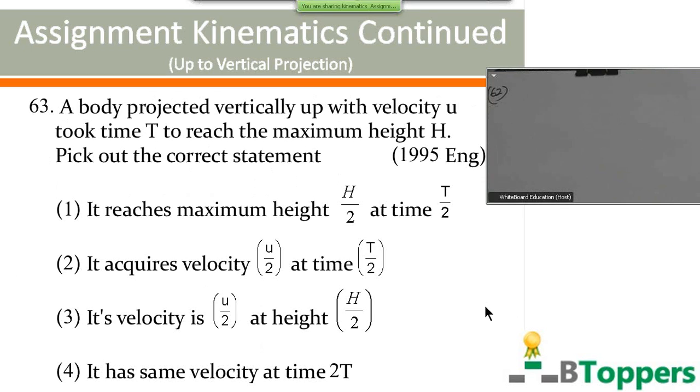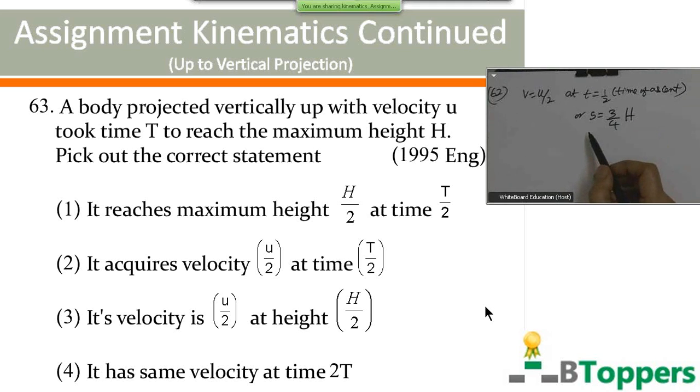Already in the theory part for vertical projection, I have discussed that the velocity of the body becomes equal to U by 2. I have shown by calculation that when a body is projected vertically upwards with initial velocity U, then the velocity of the body becomes equal to U by 2 during the upward motion after a time equal to half of the time of ascent, or at a displacement equal to 3 by 4th of the maximum height.